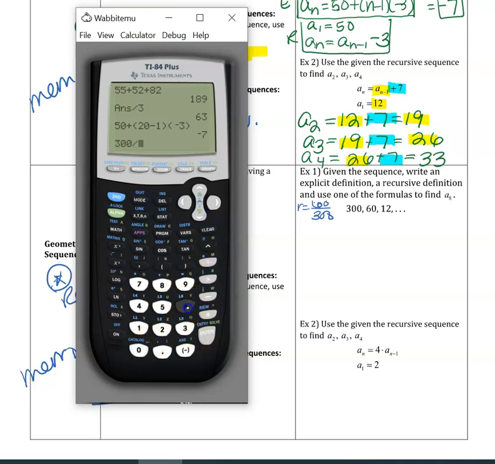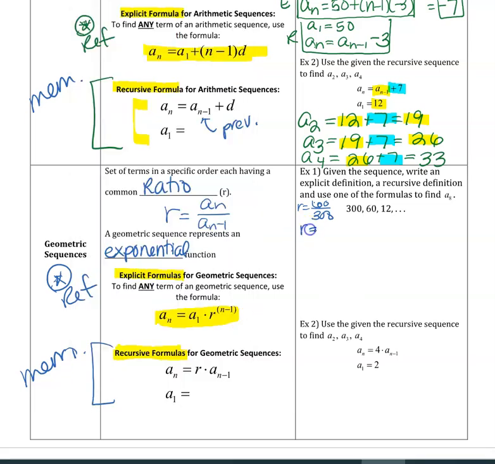Oopsies. Typed it in my calculator wrong. 60 divided by 300. And we get 0.2. So 0.2, you could also do 2/10, 1/5, anything mathematically equivalent to that.